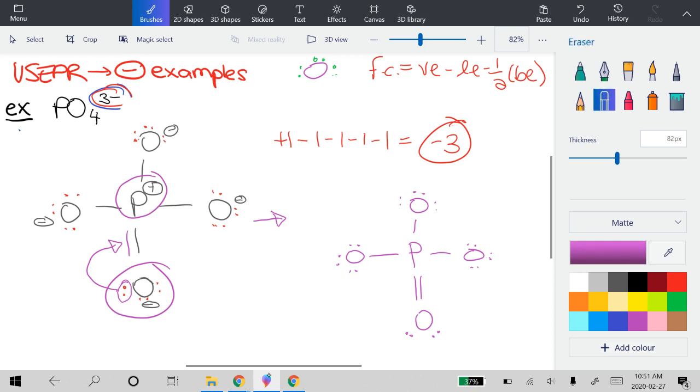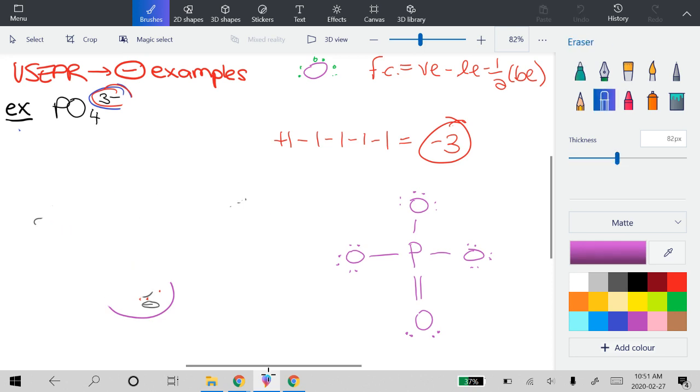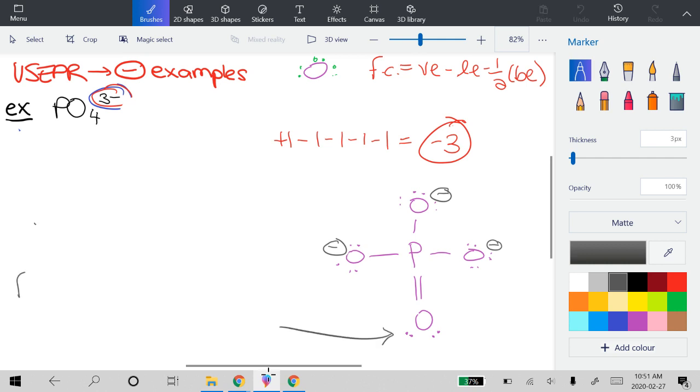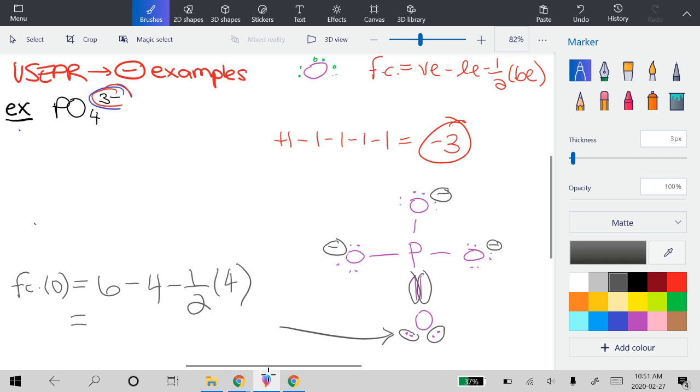Now we can check formal charges again. I don't have to check the formal charges for these oxygens because they're in the exact same arrangement, with 6 lone electrons and 1 bond, and I've already calculated the formal charge for that arrangement. So I'll just do it for the oxygen that looks different now. Group 6 minus 4 lone electrons, minus half of 4 bonding electrons, so 6 minus 4 minus 2, that's a 0 formal charge.